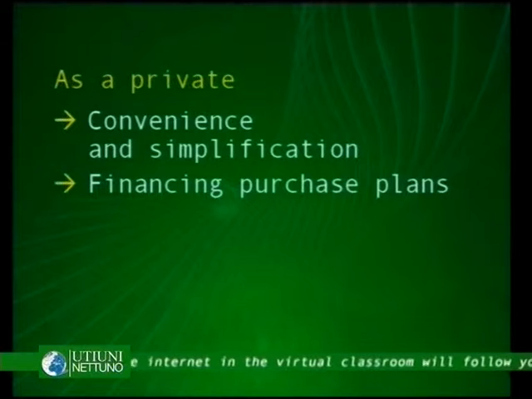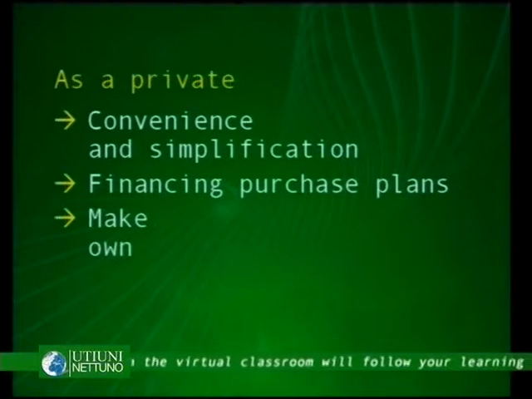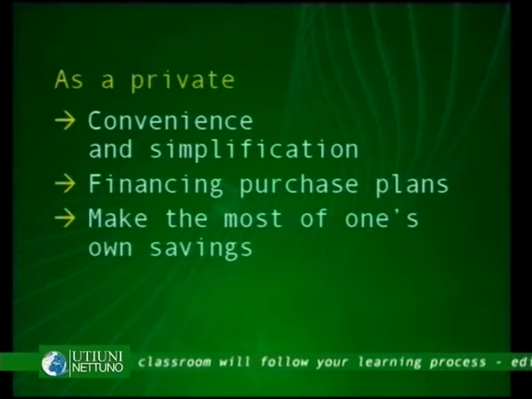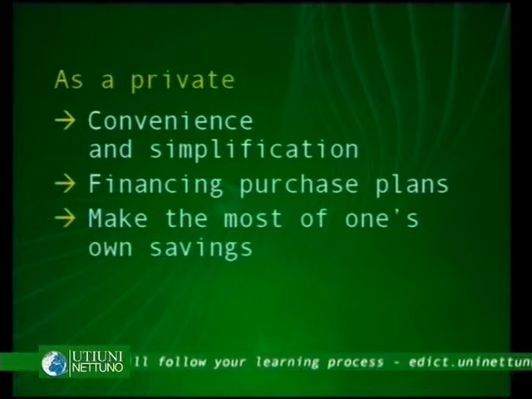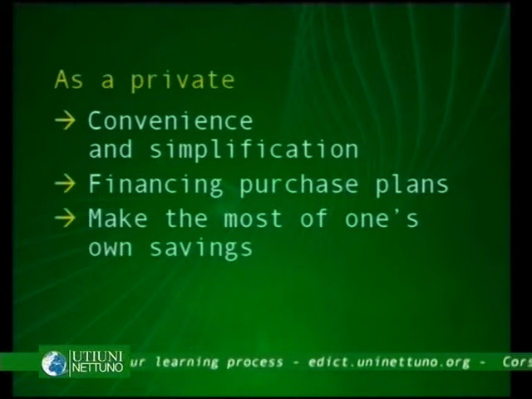Financing purchase plans, and making the most of one's own savings. These are basically any private individual's requirements, especially if he wants to get advice from the corporate manager on where to put his own savings.